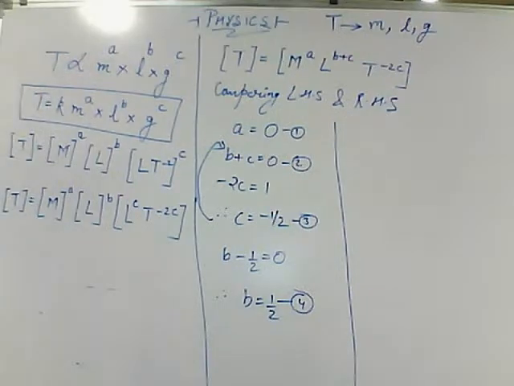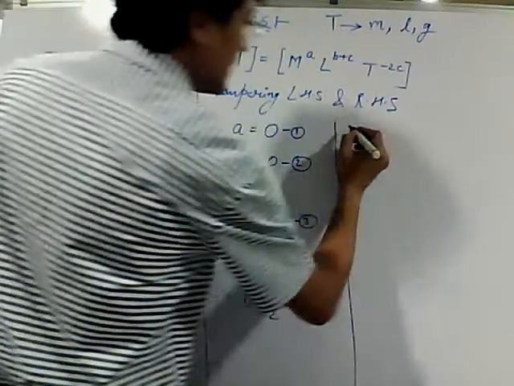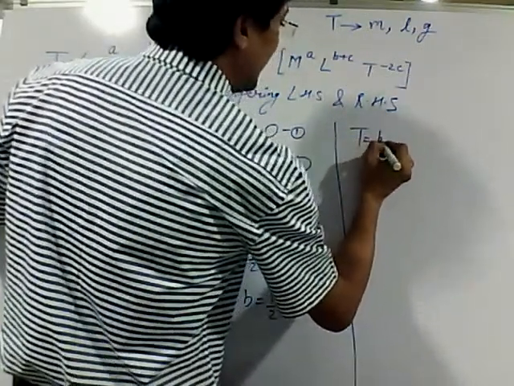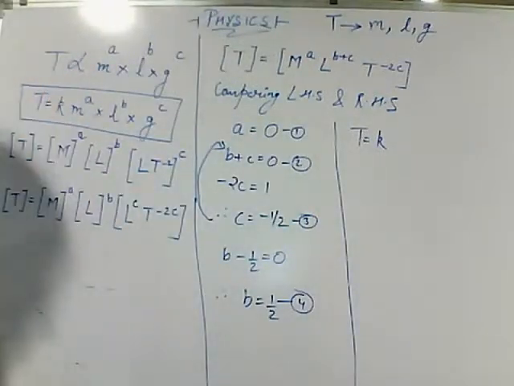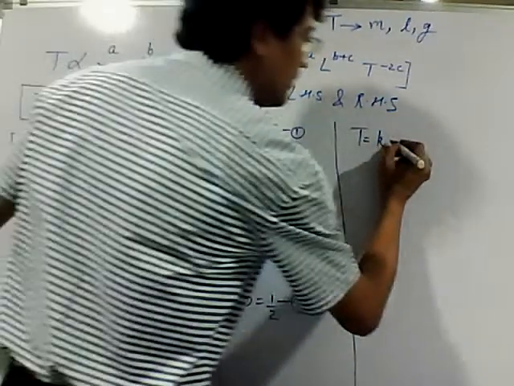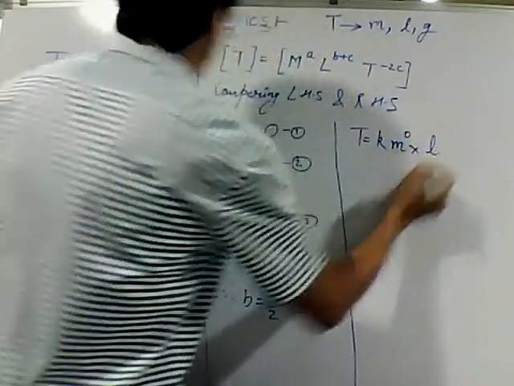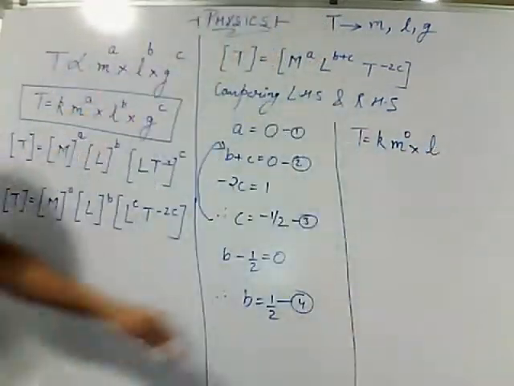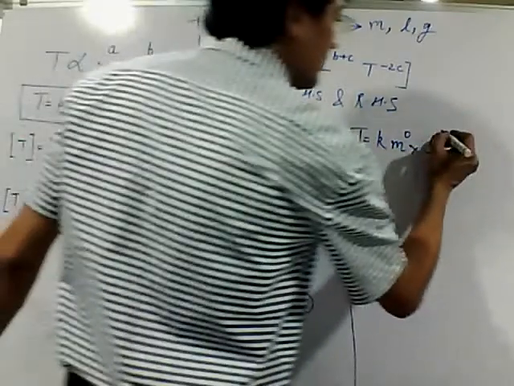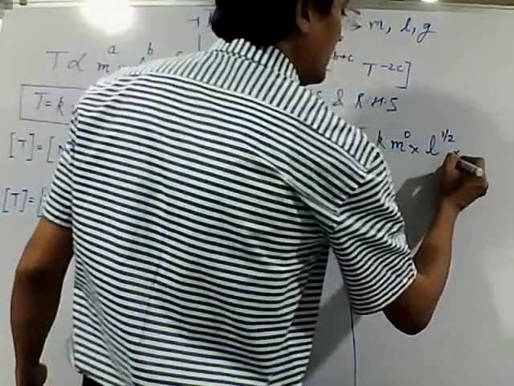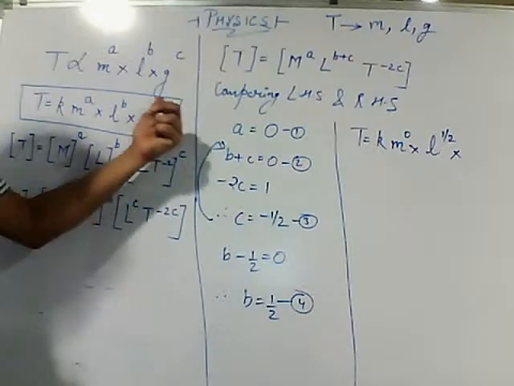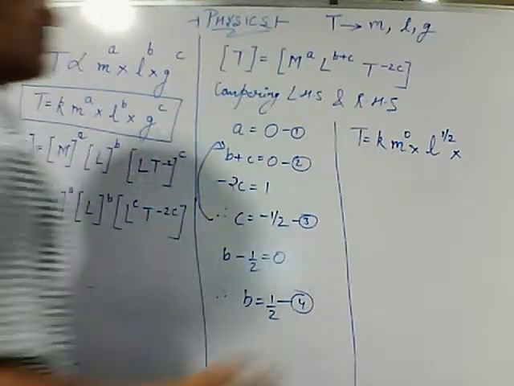So I have T is equal to K, M to the power A, A is 0, so M to the power 0, multiplied by L to the power B, B is 1 by 2, into G to the power C, C is minus 1 by 2.